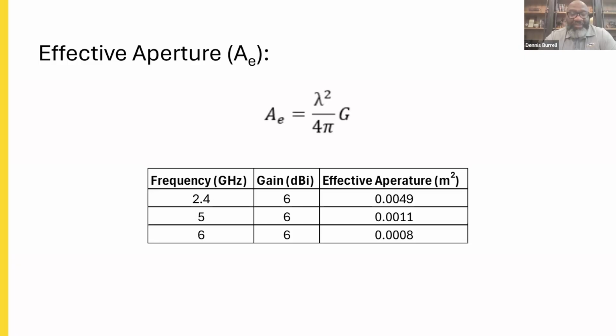So you would have to have a much larger antenna with a much larger aperture at 5 and 6 gigahertz to get that performance going through attenuation or going through walls and stuff like that, to perform the same at 2.4 as at 5 and 6.